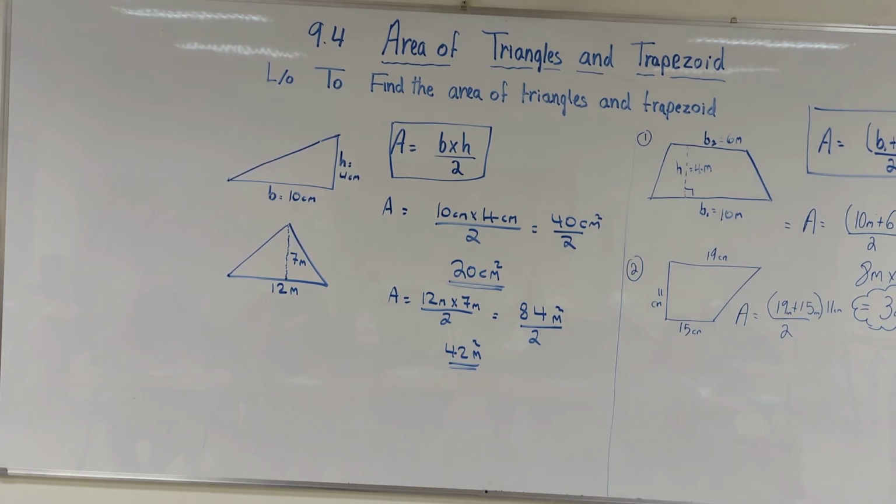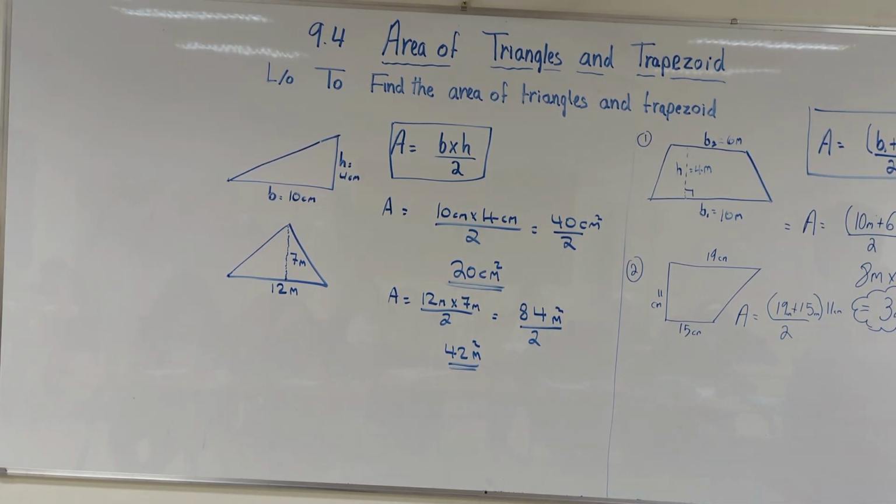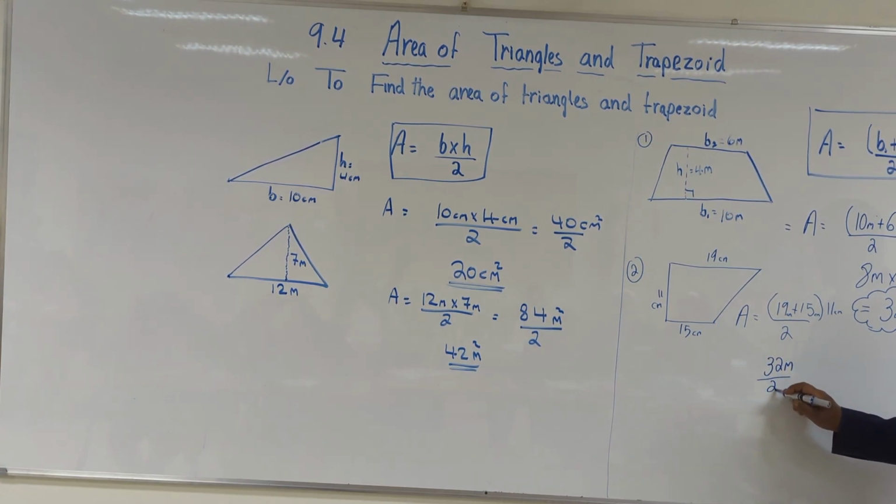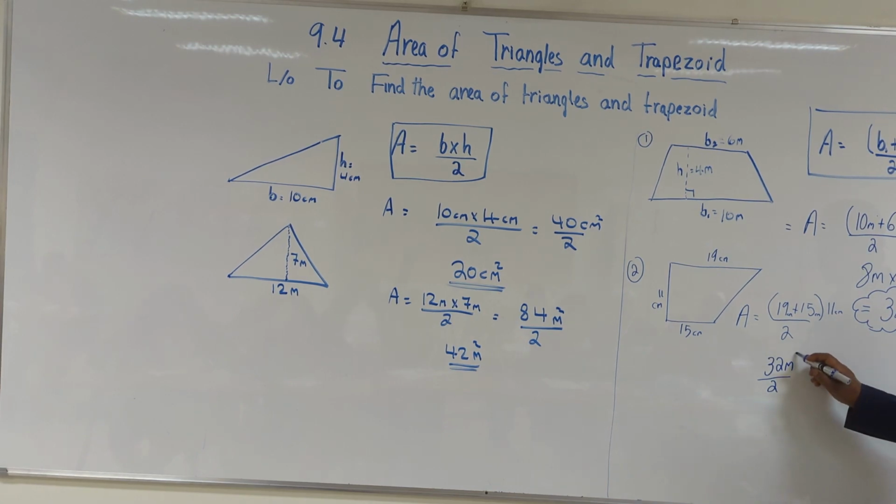What do we get when we add 19 plus 15? 34, right? Yes. It is 34 divided by 2. So you wrote 32, 34. Oh, 34.